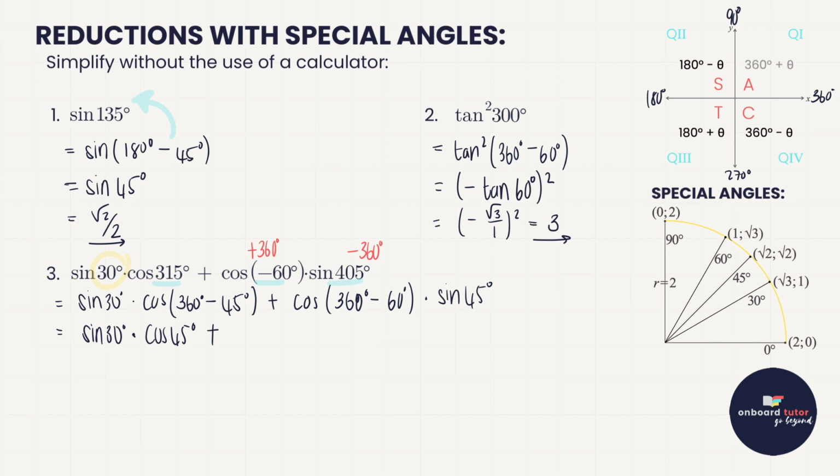Let's substitute them. Sine is y over r. There on the 30 degree line, that's going to be 1 over 2. Cos of 45, cos is x over r, root 2 over 2, plus cos of 60 on the 60 degree line, cos is x over r, 1 over 2, multiplied by sine of 45, that's y on the 45 degree line over r.